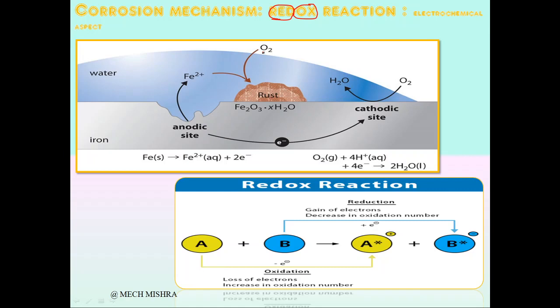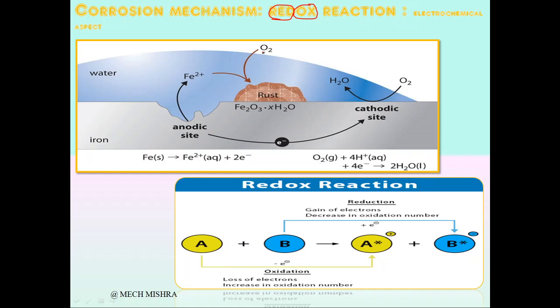So for any type of electrochemical reaction to happen, there must be two things. There must be one anode, there must be one cathode, plus one electrolytic medium which allows the transfer of the electron. So here we will understand the corrosion of iron in presence of atmospheric moisture and air.